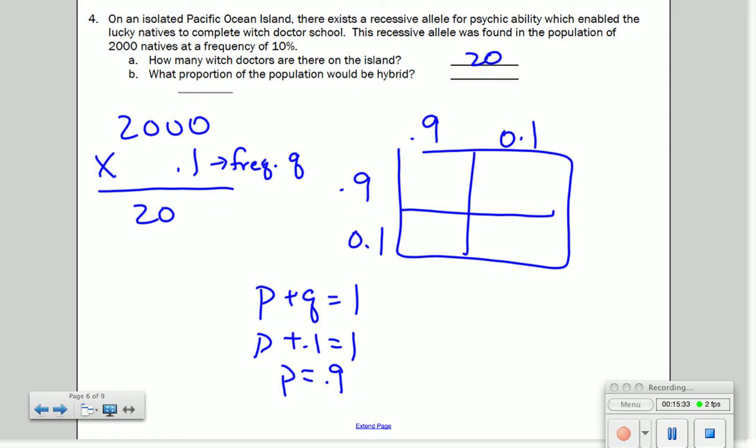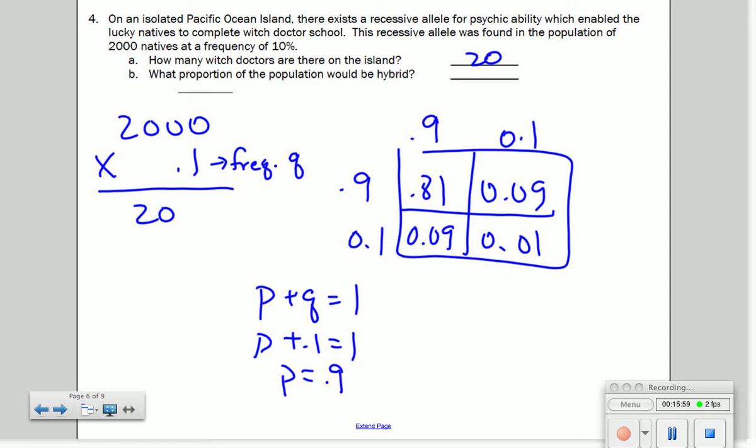So if I go in and fill in my Punnett square, 0.01, yes. And if I take 0.9 times 0.1, I get 0.09, 0.09, and then 0.9 times 0.9, 0.81.